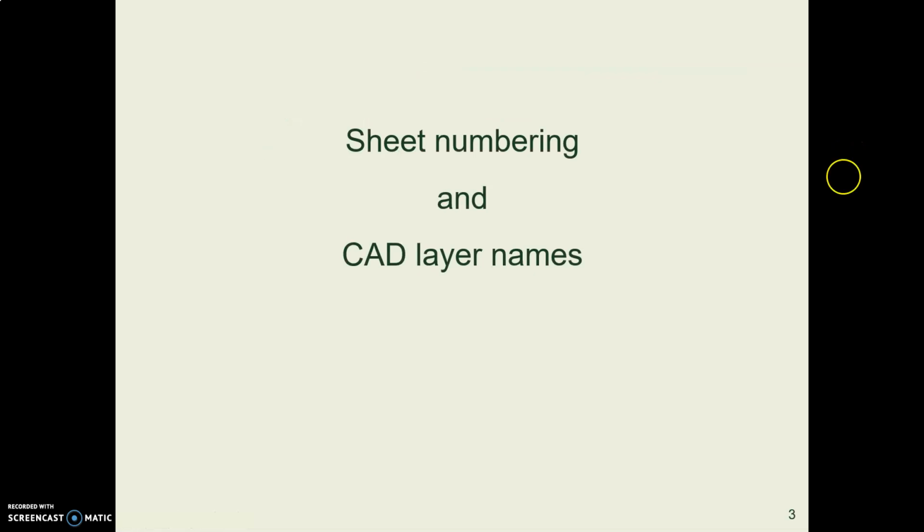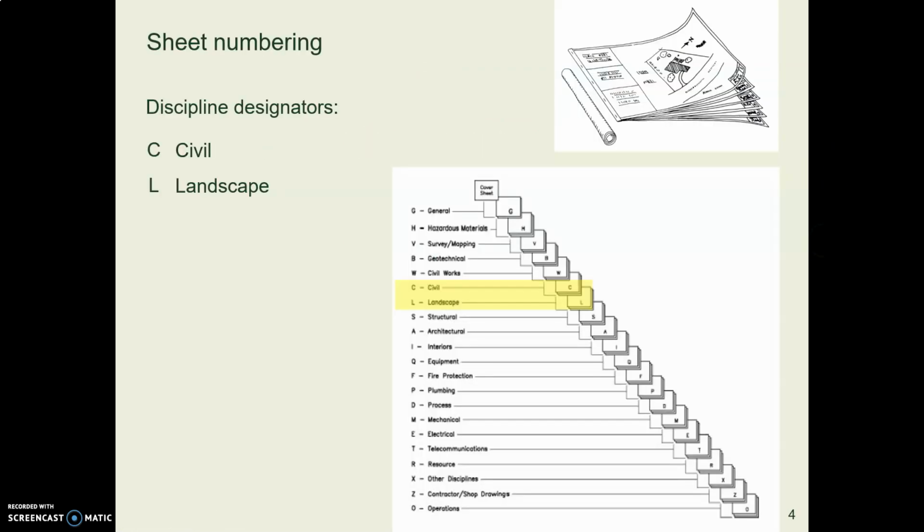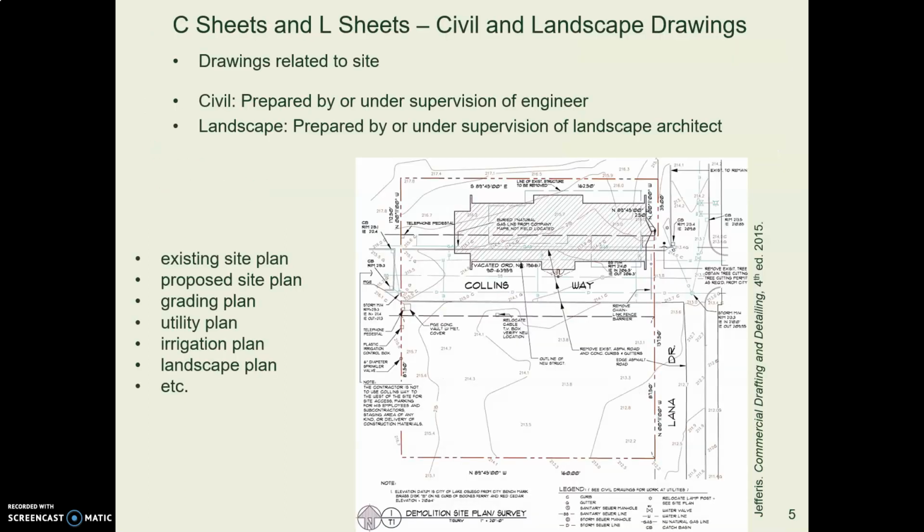Let's think about sheet numbering, though, and CAD layers. As you probably recall, among the sheet designators are C for civil and L for landscape. And as I might have mentioned, those are sometimes used interchangeably and sometimes not.